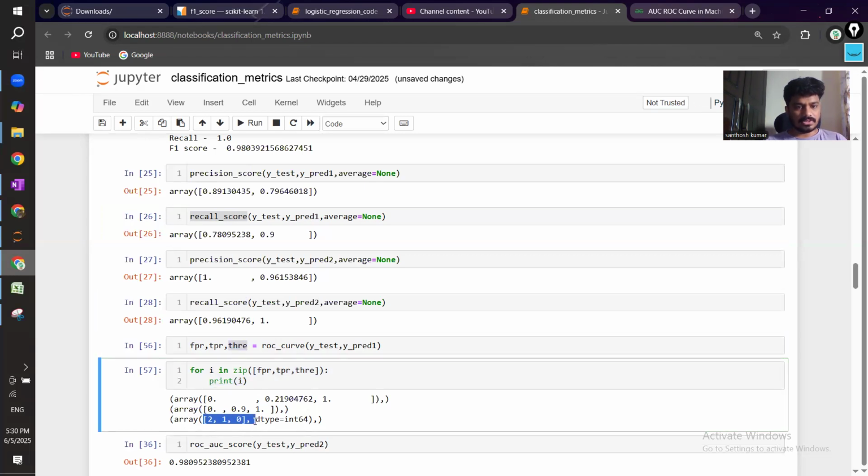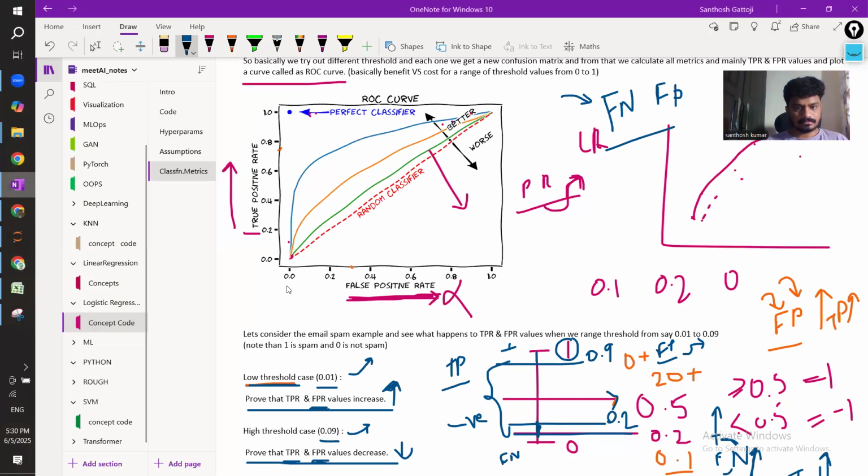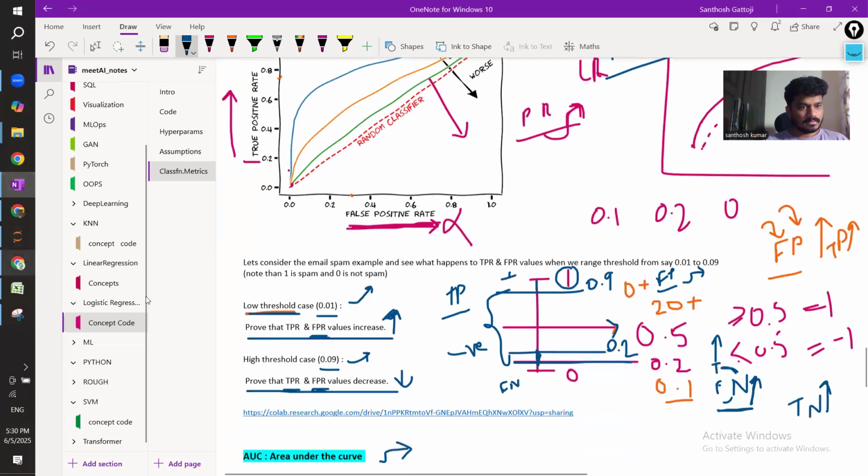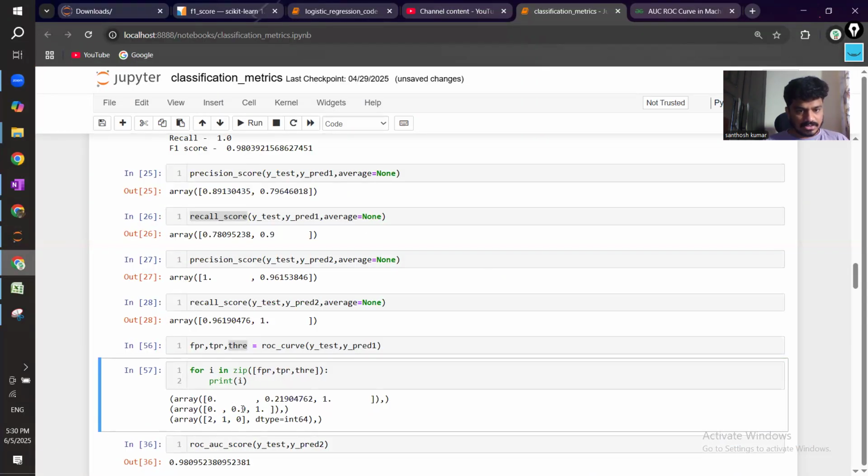So these are the thresholds it has calculated. For one it is 0.9 and 0.21, and for zero these are one.